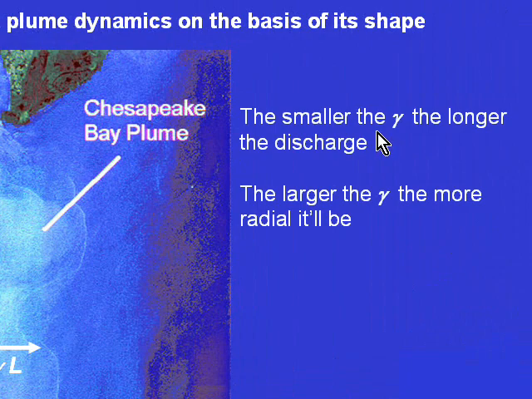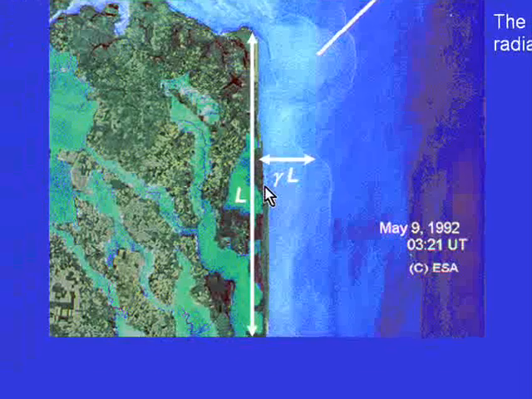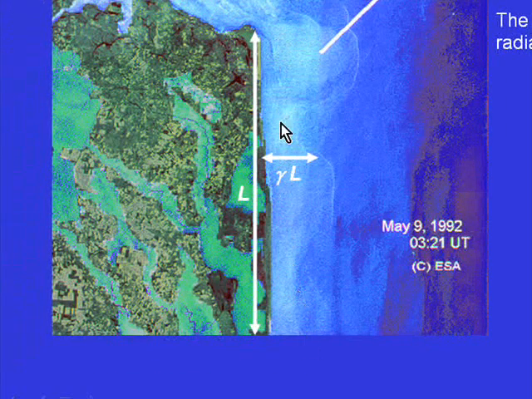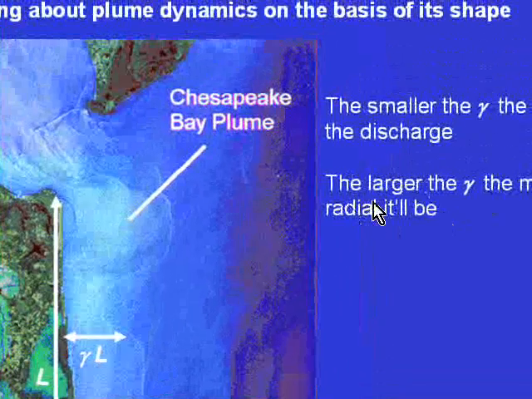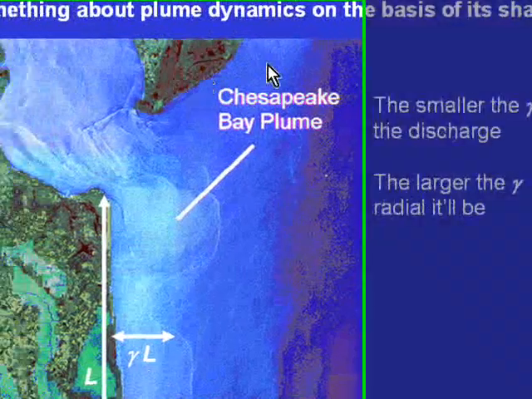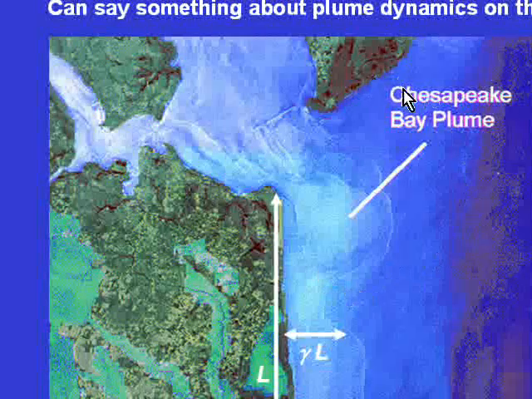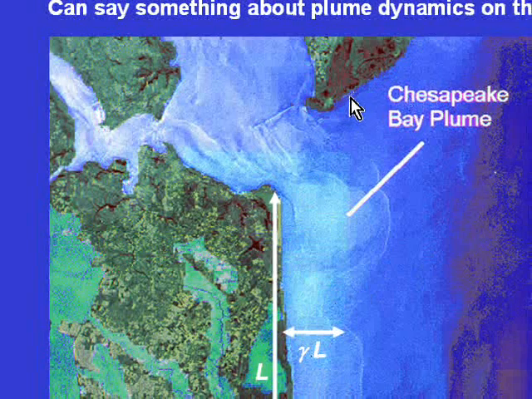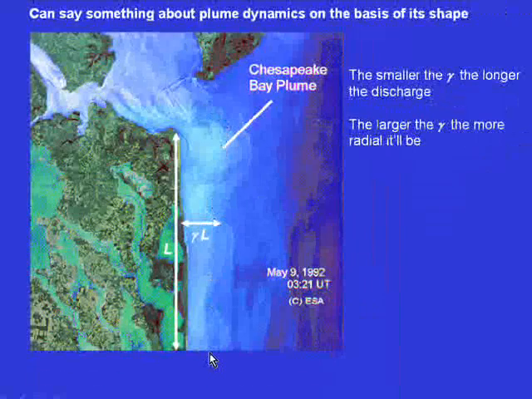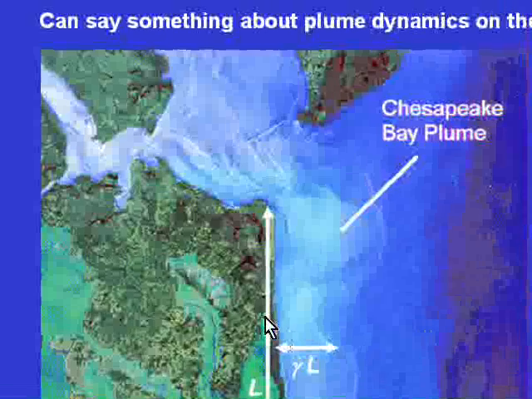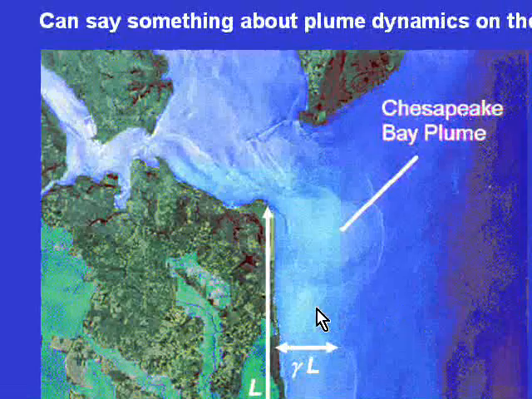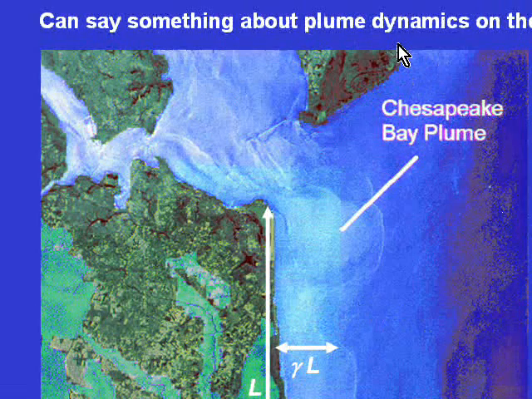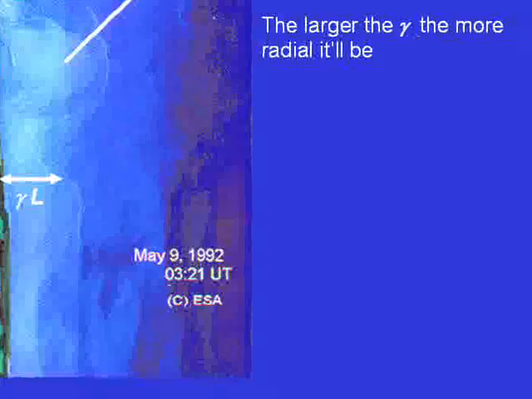So notice that the smaller this slenderness parameter, the longer the discharge, like in this case of the Chesapeake Bay plume outflow. It forms a nice coastal current here. And the larger this gamma, the more radial the plume will be. So if gamma is large, instead of the plume being elongated like that, it'll be just like a bulge, a radial bulge.